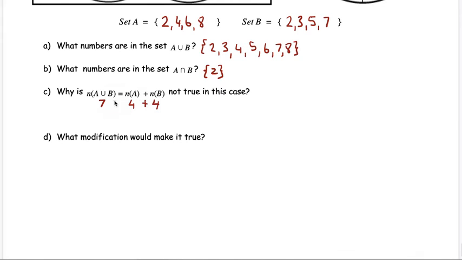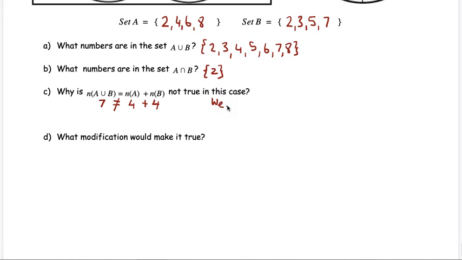So why is the number in A union B not equal to 4 plus 4? You would assume that maybe it is, but like I mentioned at the beginning of the video, we have to make sure we don't count both twice. So why is this not true? In doing so, we're actually counting one item twice. There's an item that appears twice in here, and we're counting it twice if we just add it together.